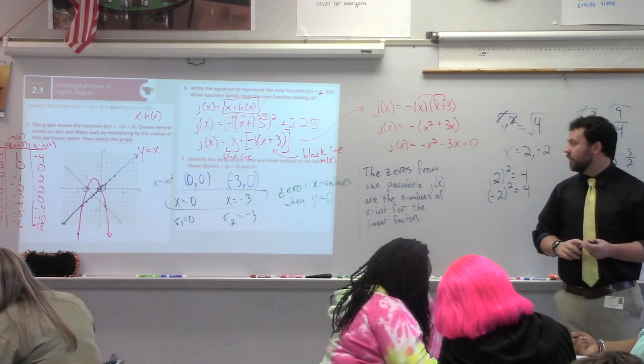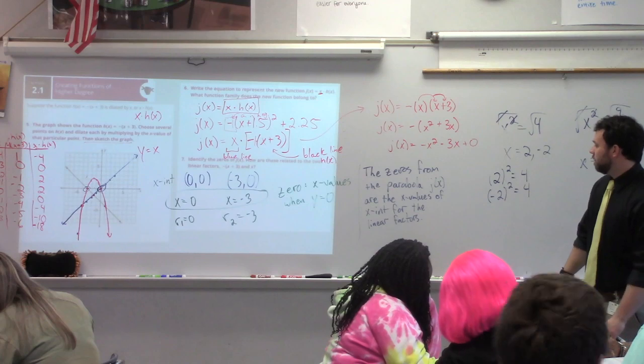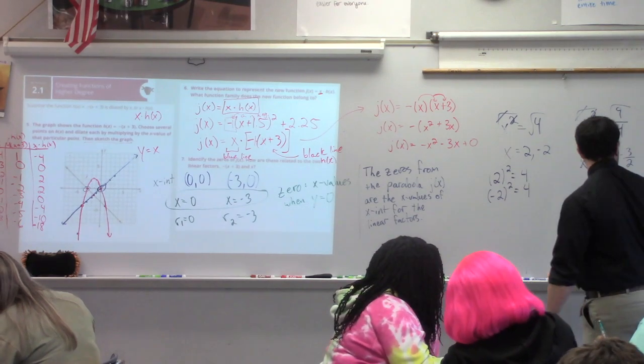We've got to notice that the zeros are just the x values of the x-intercepts for the linear factors.